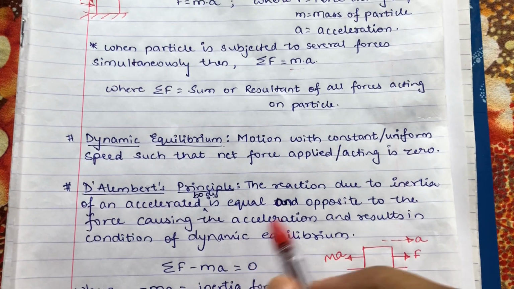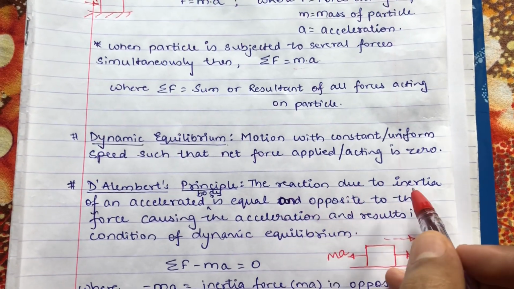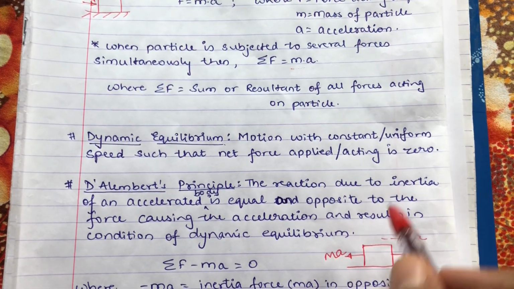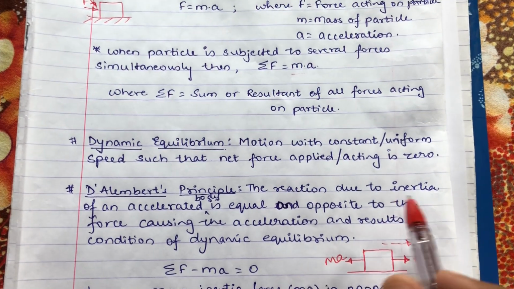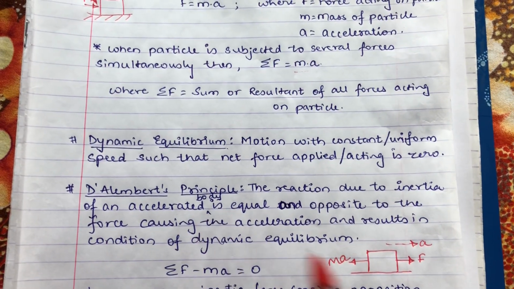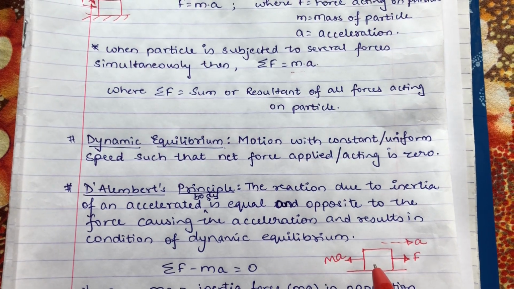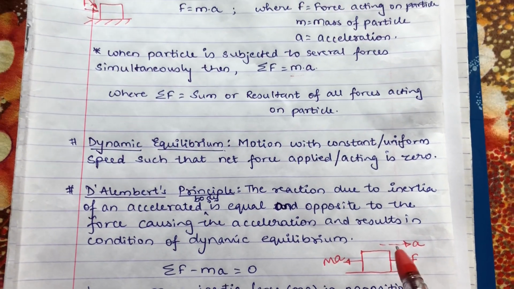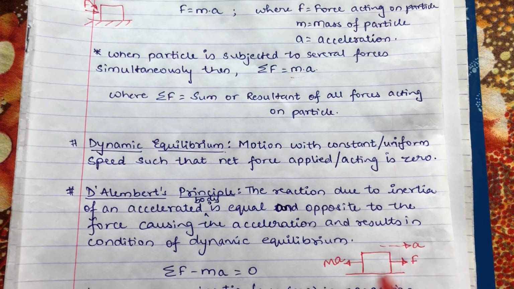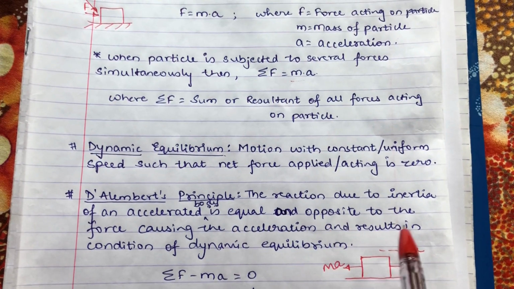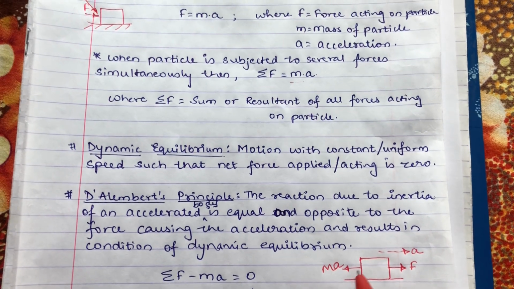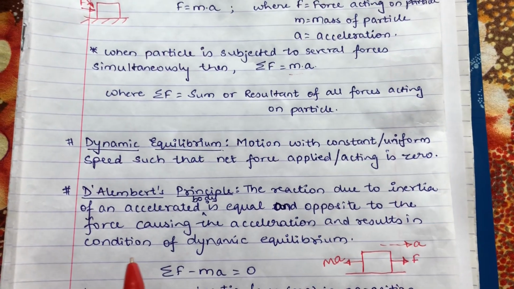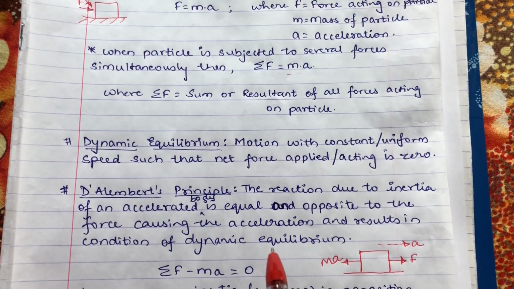D'Alembert says that the reaction due to inertia, what is an inertia here? ma, we can say ma, due to inertia of an accelerated body, a body if it is moving with an F force right side, then the acceleration will also happen right side, is equal and opposite to the force causing the acceleration. So this F is equivalent to this value and results in condition of dynamic equilibrium.